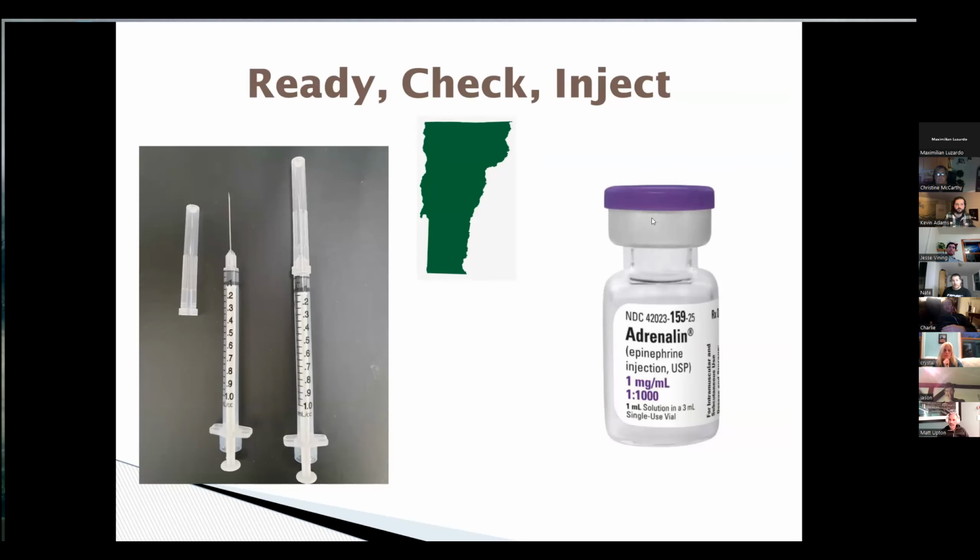So it's much cheaper for ambulances to stock this than it is for them to stock EpiPens. So in a place like Vermont, where there are a lot of BLS first responders, and if we know anything about anaphylaxis, the quicker you can get there and give them epi, the higher chances that they will survive. Means that getting them epinephrine in this way is a cheaper and more effective way of saving people's lives. So that's why Vermont does it.